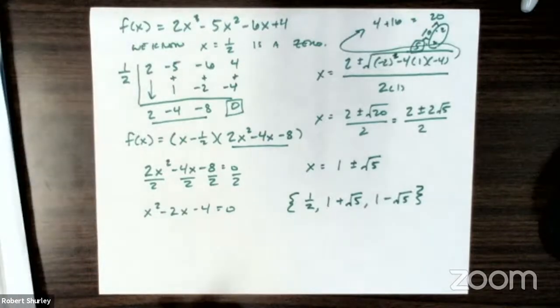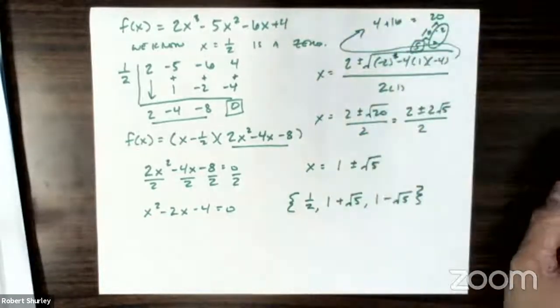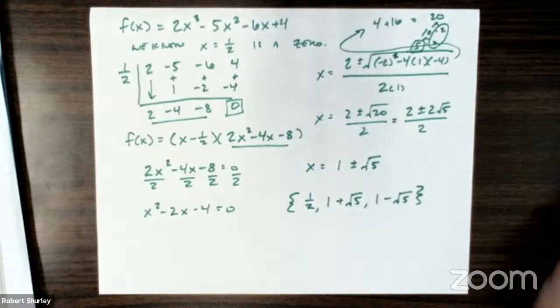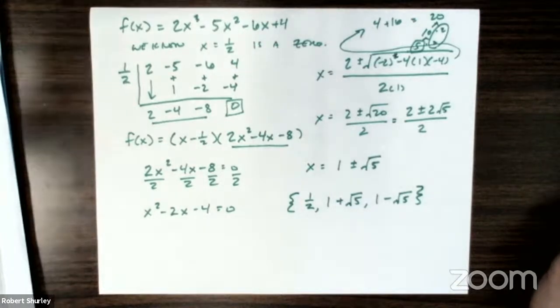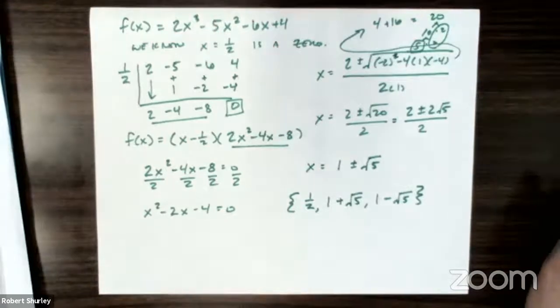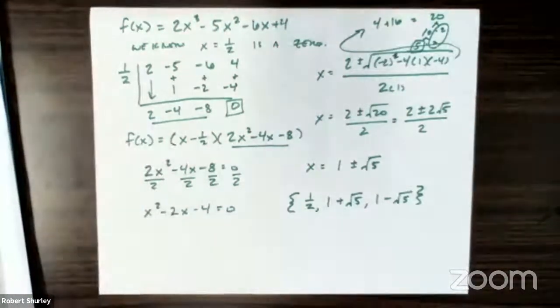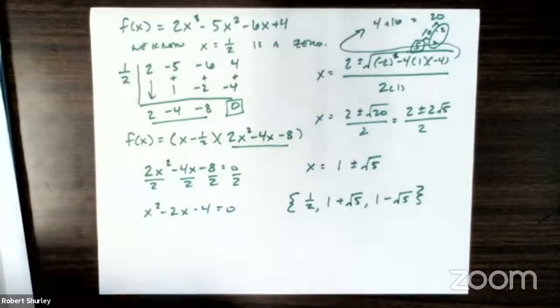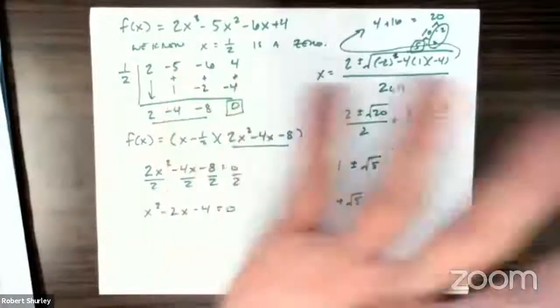But I'm going to pause it here. And I know it's hard to really communicate on Zoom if you want to say something, but I'm going to test something out in chat. So in chat, if you want to tell me what you think is a quicker way to do this, and I promise you there's quicker ways, just type it in chat for me.